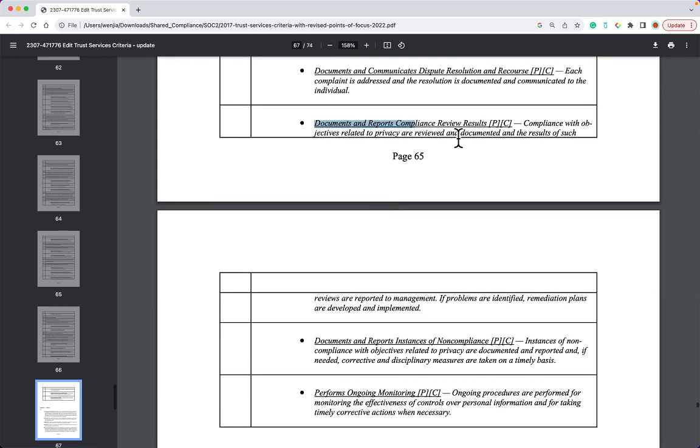And documents and reports compliance review results. Compliance with objectives related to privacy is reviewed and documented, and if a problem is identified, remediation plans are developed. So there is specific compliance for specific industries.